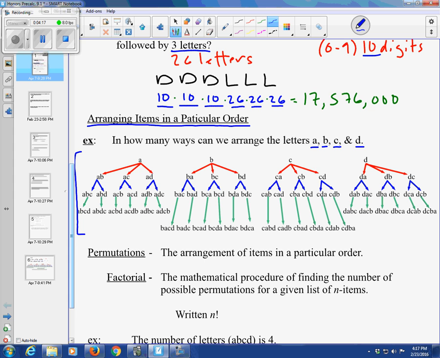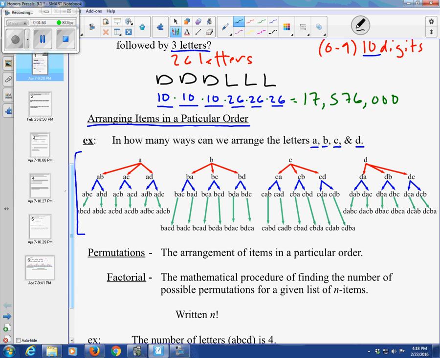Where basically right here we've got the first letter we can select as A, B, C, or D, right? If we select A first, right, we can select B, C, or D next, right? And if we select C next, then right here we've got 2 possibilities for the third letter, right, B or D. And then if we choose D as our third letter, then there's only 1 possibility of B for that last letter, right?